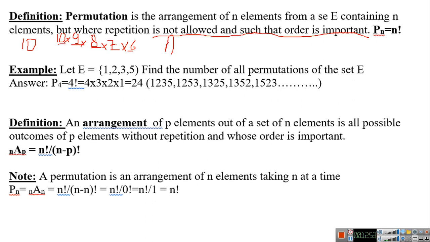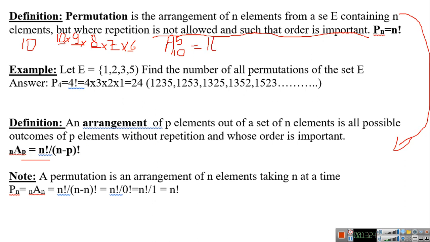I'm going to tell you the difference between arrangement and permutation. It's not that important. So I want to pick 5 students out of 10. The formula for the arrangement here will be n factorial over n minus p factorial.